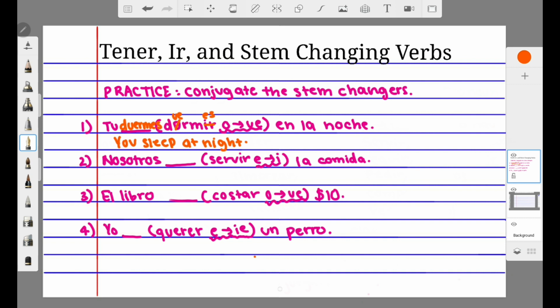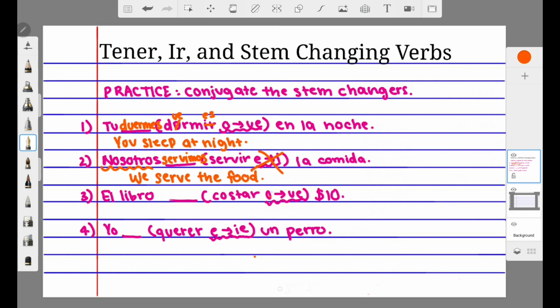Next we have nosotros, servir, y trae la comida. But let me tell you, this doesn't matter because it's the nosotros form. So it's just servimos. And that means we serve the food.